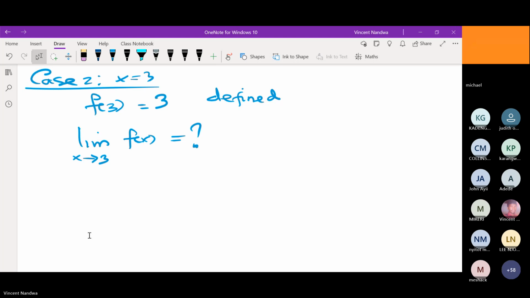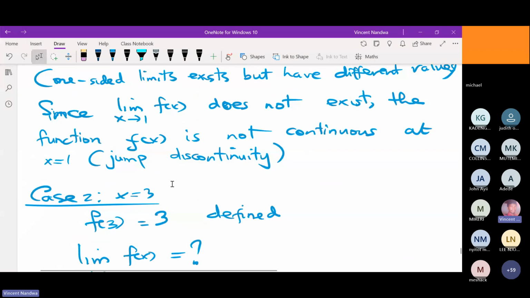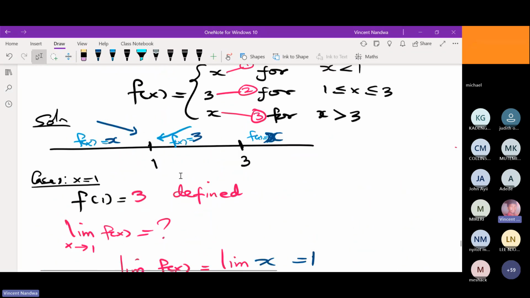The left-hand limit will be x approaching 3 from the left of f of x.